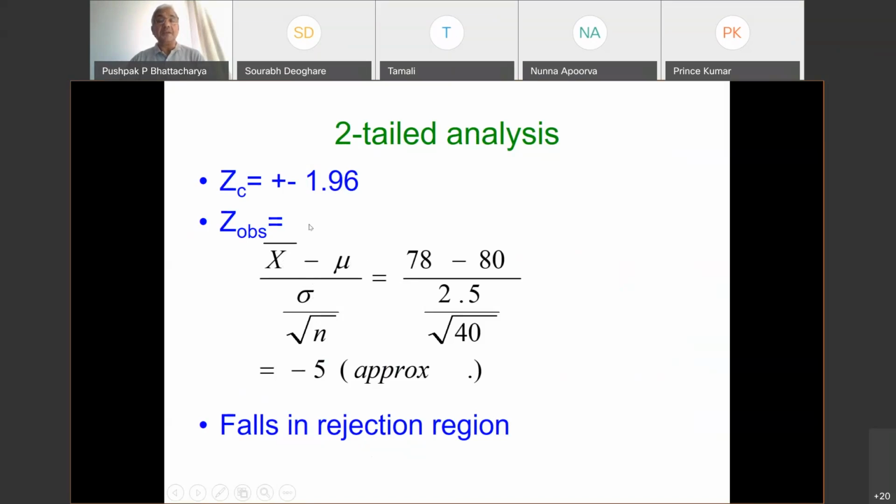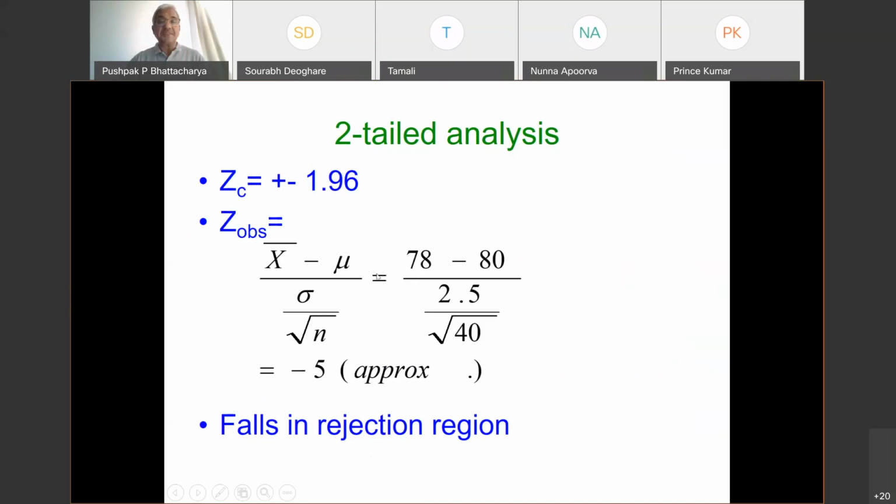Since we have made the null hypothesis assumption, I can write the population mean to be 80. See the immediate consequence of null hypothesis.